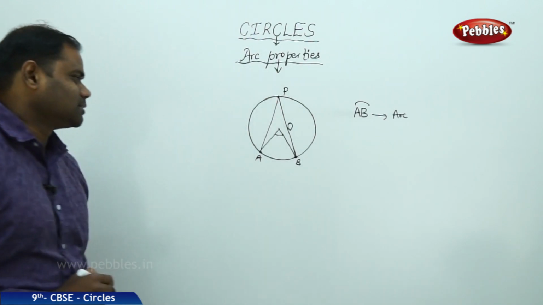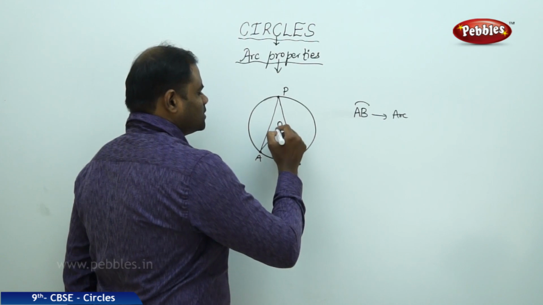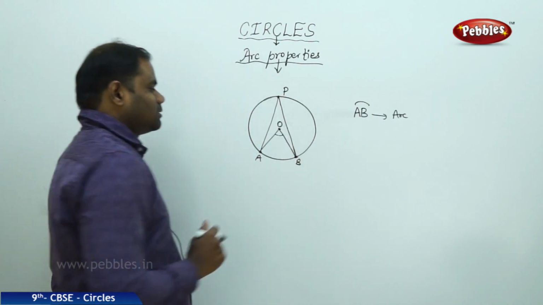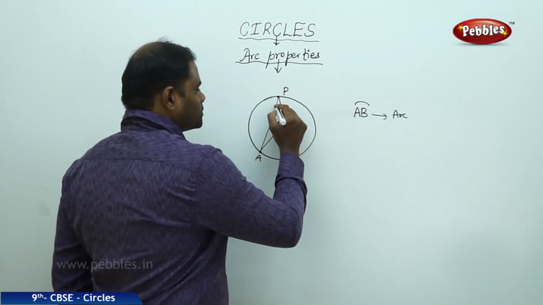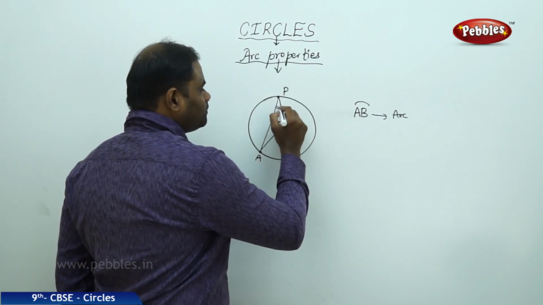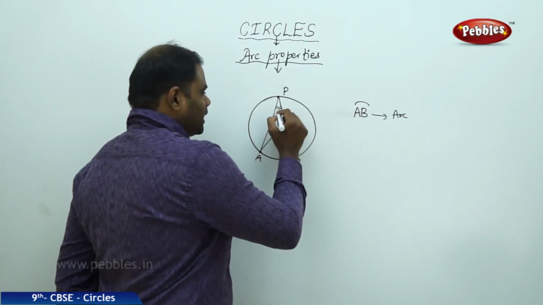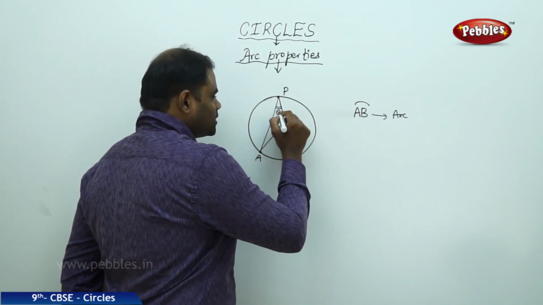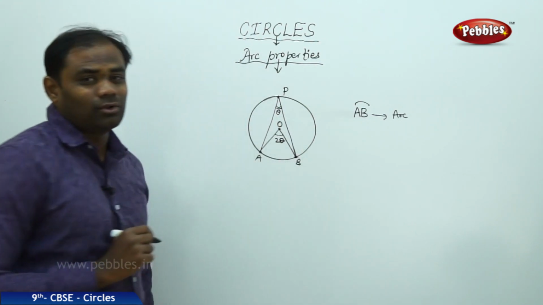So here, O is the center and this is called the angle subtended at a point on the circle. The property says that if the angle subtended at the circumference is theta, then the angle at the center will be double of that angle always.